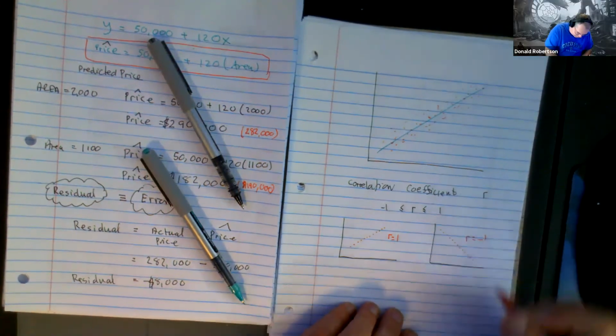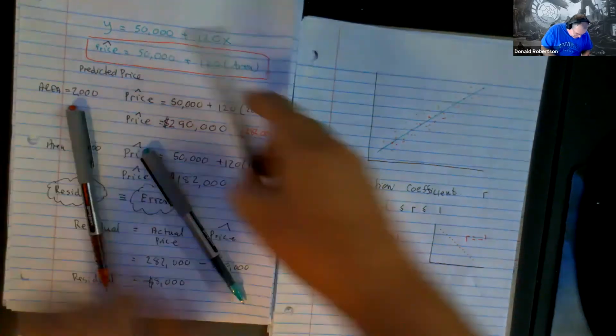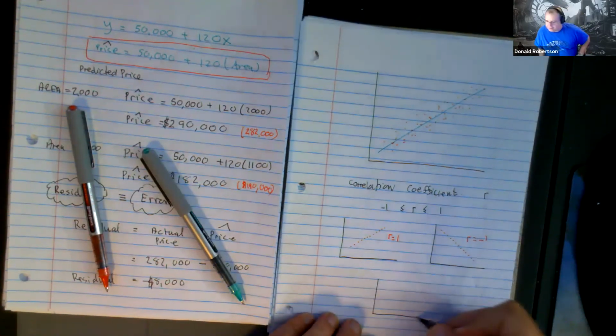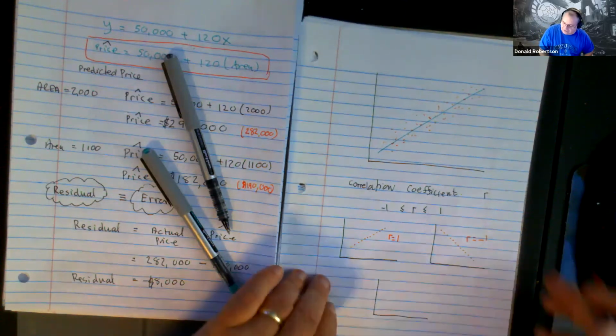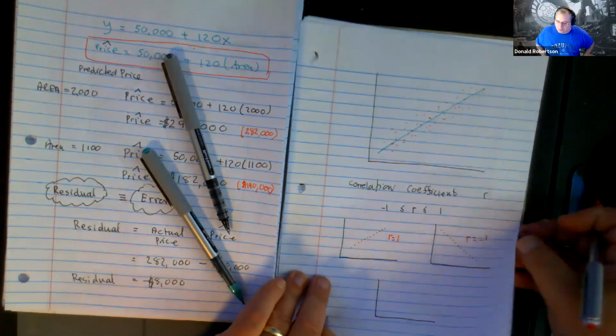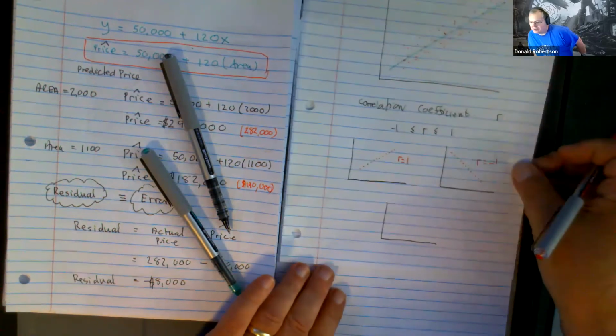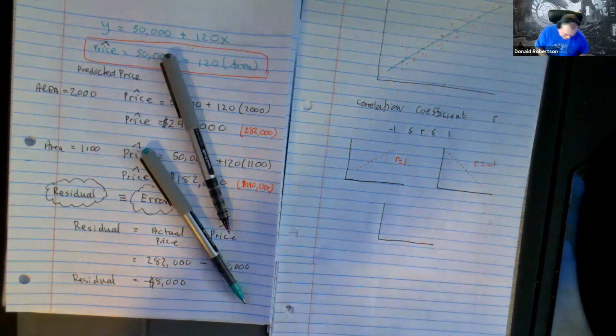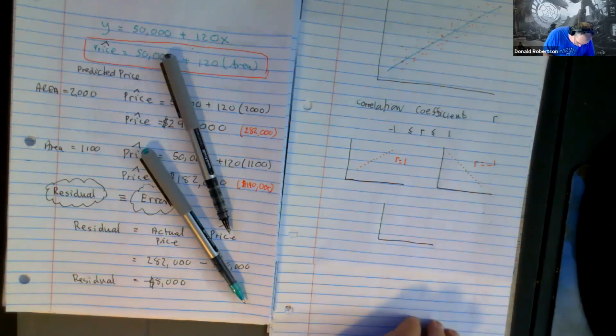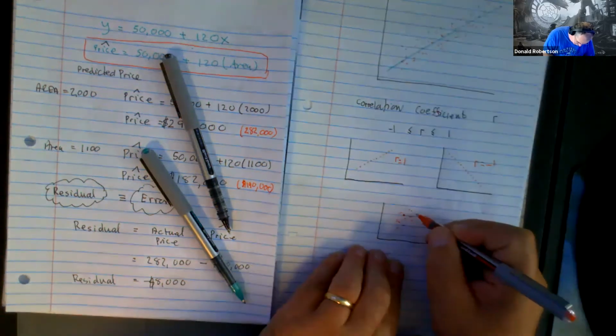Now, if you had some data that had nothing to do with each other, the x-axis was the last digit of your telephone number, and the y-axis was how many kids you've got, that would just be a random blob of nothingness. There'd be no pattern in it. It would look like somebody shot it with a shotgun, a buckshot.